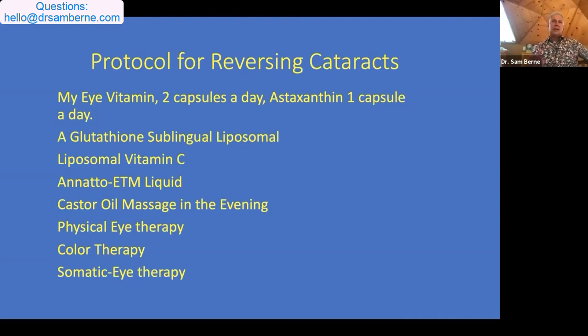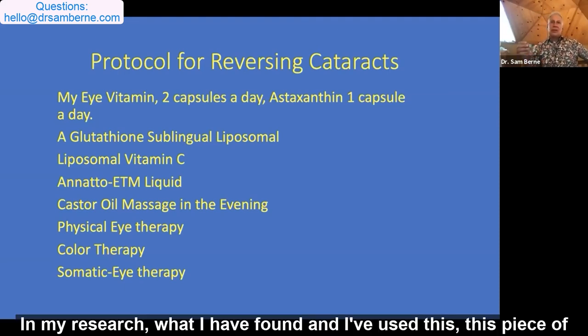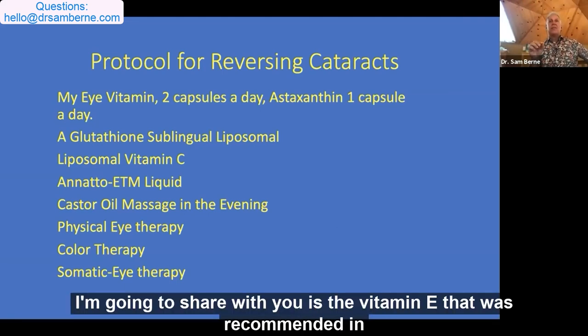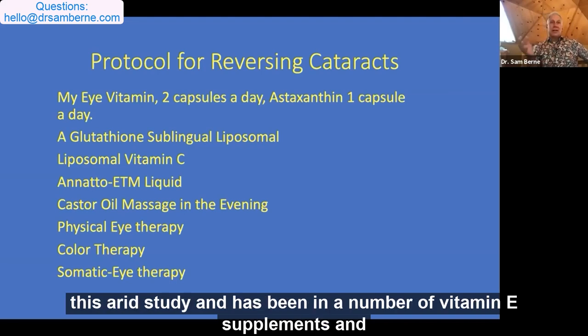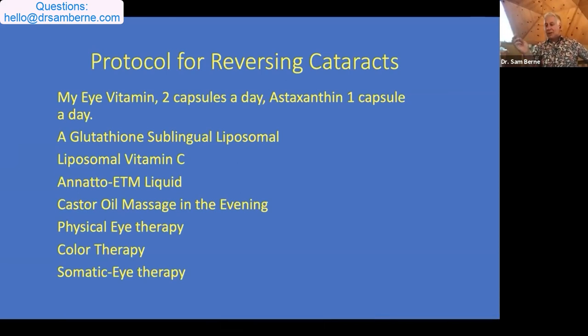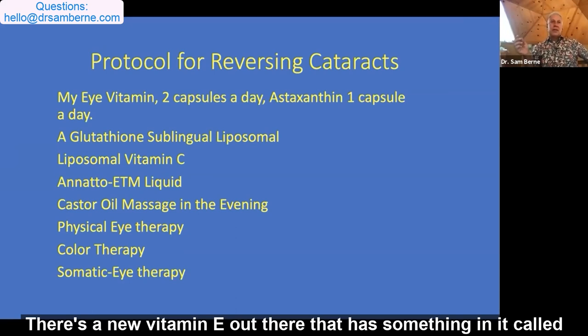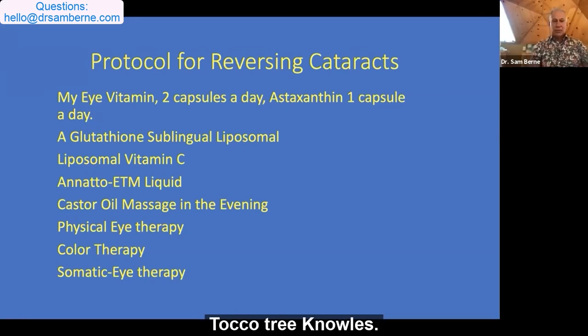Now, in my research, and I'm going to share this piece of information with you, the vitamin E that was recommended in the AREDS study has been in a number of vitamin E supplements. There's a new vitamin E out there that has something in it called tocotrienols. Tocotrienols.